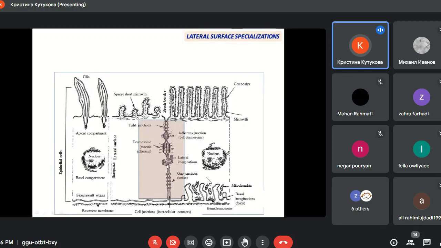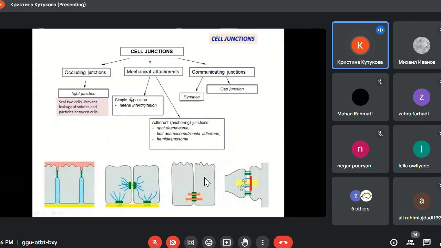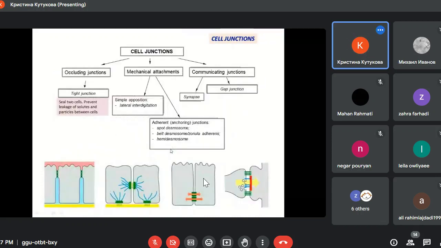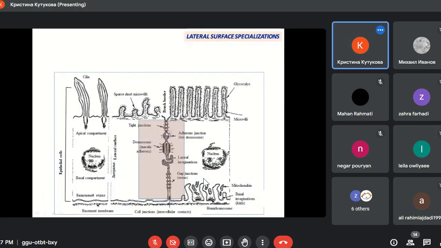It is to increase the area of contact between the cells, and it is also a type of mechanical attachment. And also we have mechanical attachments such as spot desmosomes or just desmosome, here desmosome, belt desmosome or zonula adherens, which is here, adherens junction or belt desmosome.